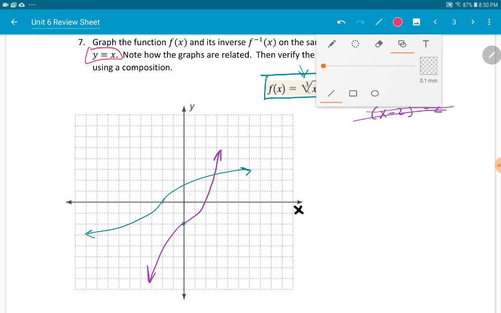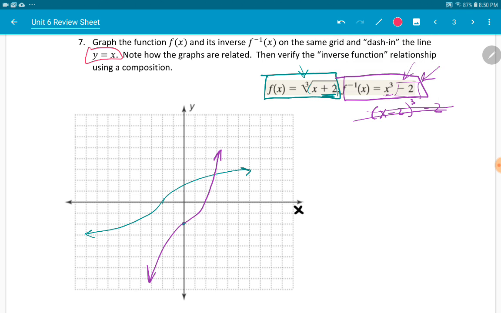The y equals x line, that's when x and y are both 0, and then both 1, and then both 2, and then both 3. So it's that straight line right through the x and the y having the same values. So it looks like that. And you'll notice now the relationship.